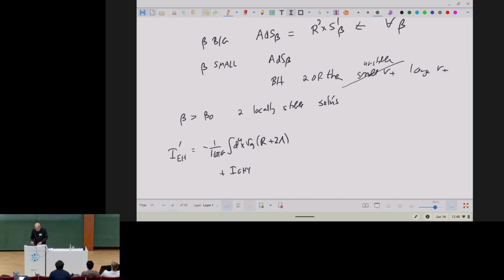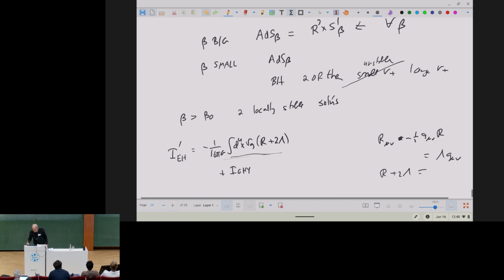So you have a more simple calculation conceptually, but because the cosmological constant is not 0, it's not true that the bulk action doesn't contribute, as was the case before. For negative cosmological constant, R plus 2 lambda is not 0. It's a multiple of lambda.